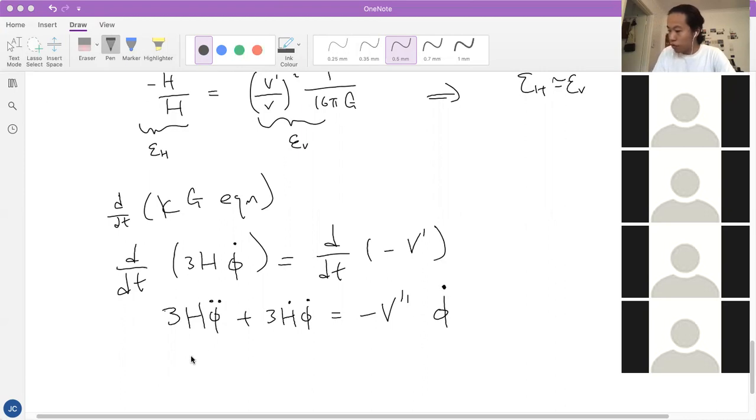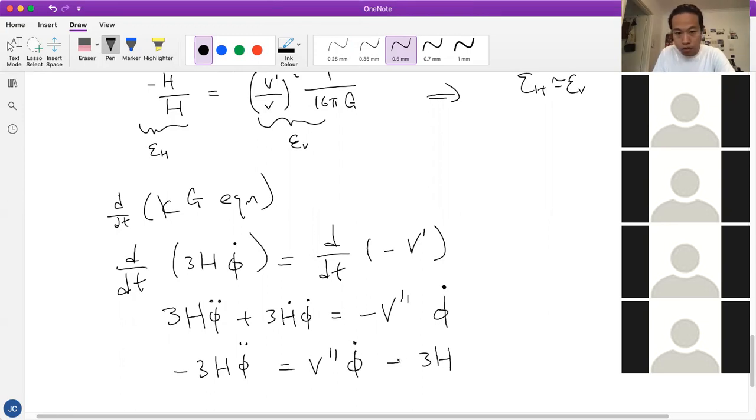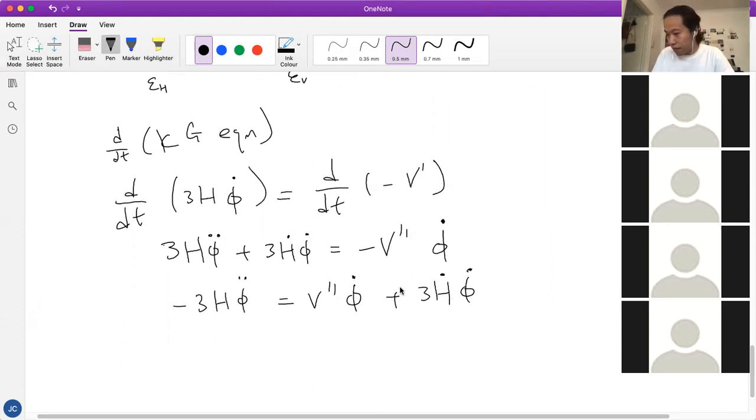you just pretty much rearrange this thing a little bit. So I take this to the other side, so I get minus 3h phi double dot equals v double dash phi dot minus 3h, oh sorry, plus 3h dot phi dot. Okay, and then divide both sides by 3h.